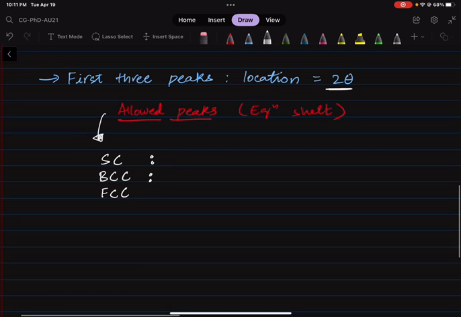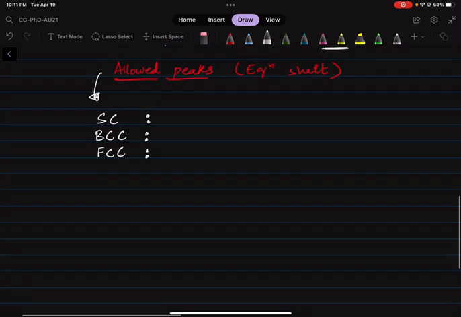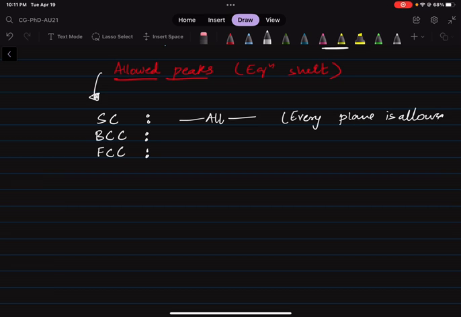And each of these lattices will have some allowed peaks. For simple cube, you will have all, so every plane is allowed. And again, you can use the equation sheet that is given to you to find the allowed peaks.